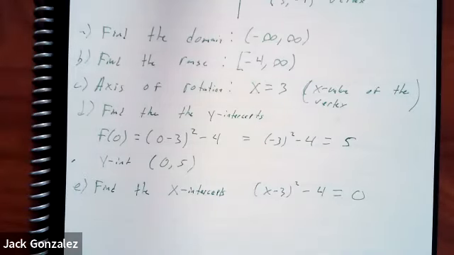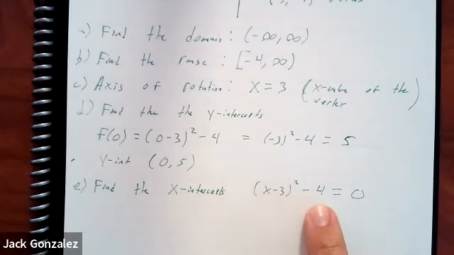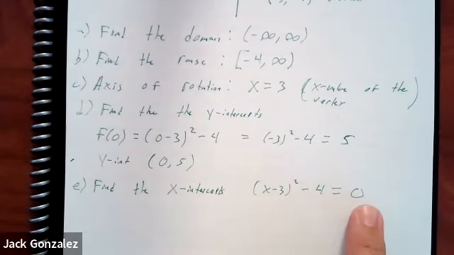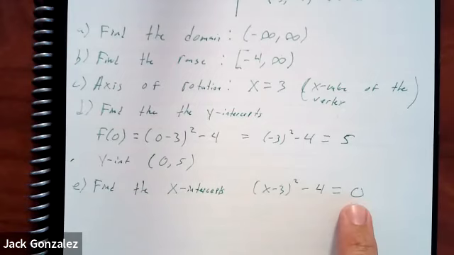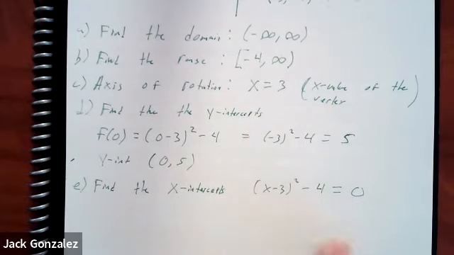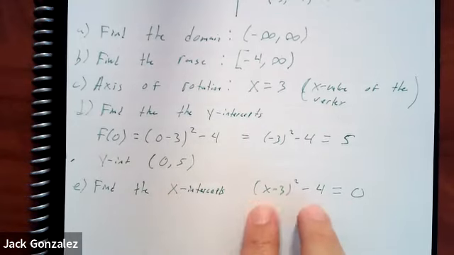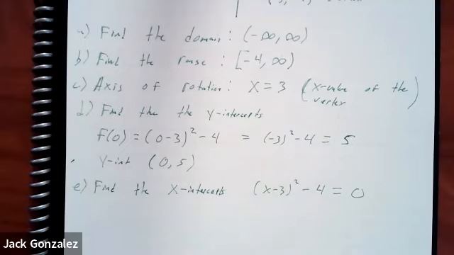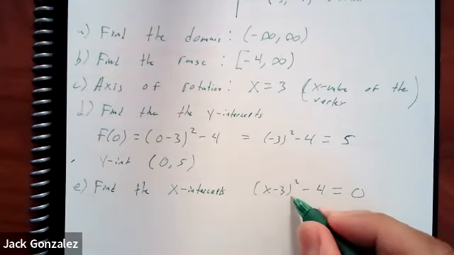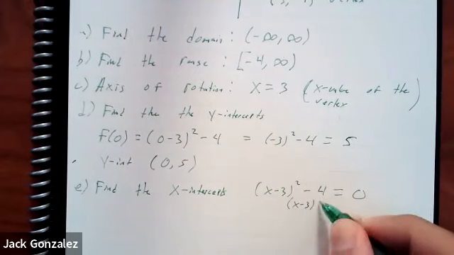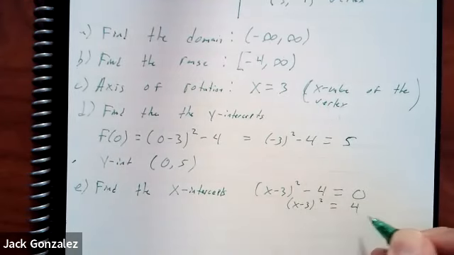You could expand it and see if it factors. But since this is a square, you could move the 4 over here and square root both sides. That would be the shortest route. Use the square root property that we talked about last time to make your life a little easier.